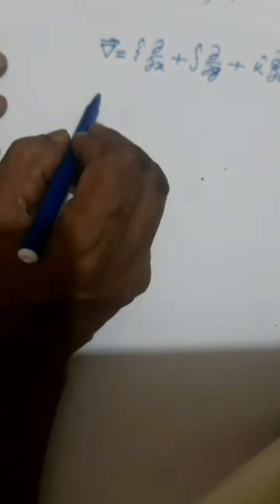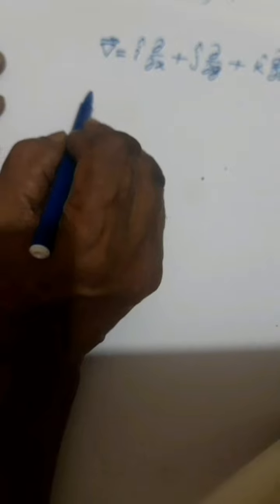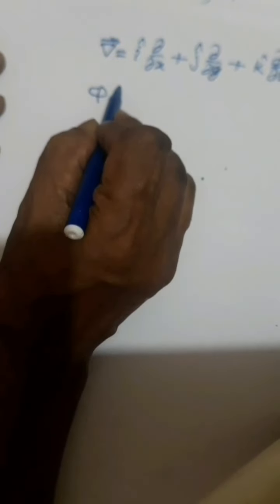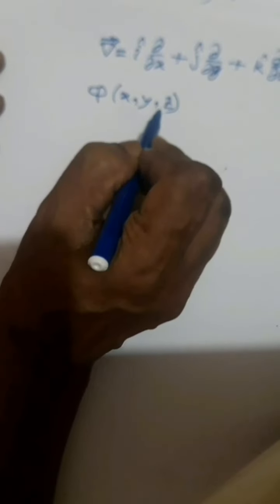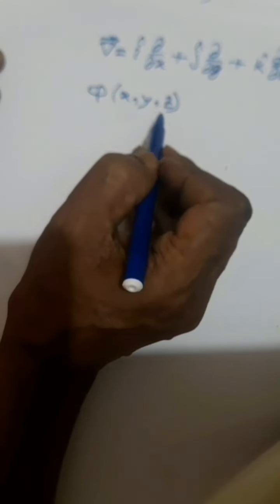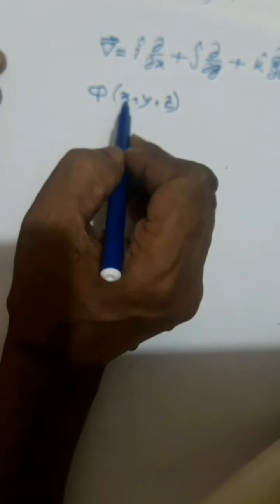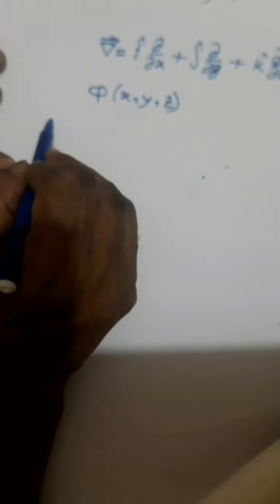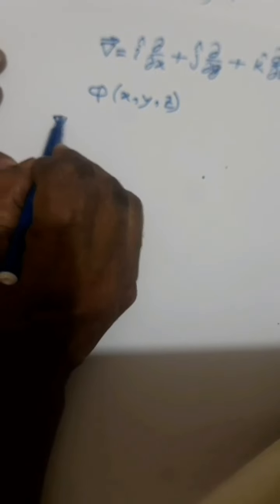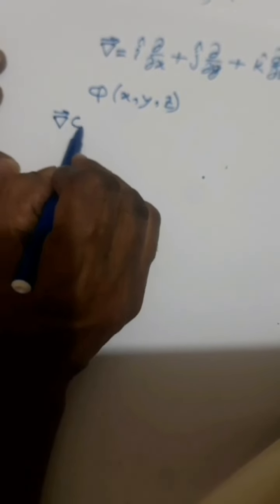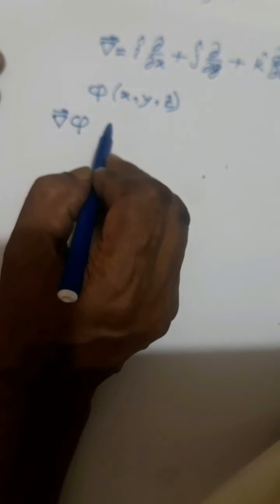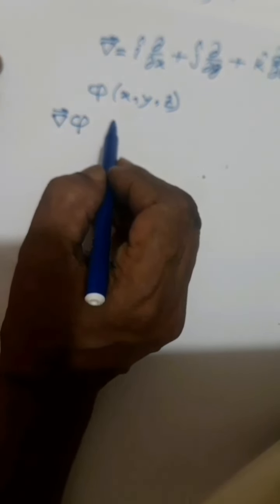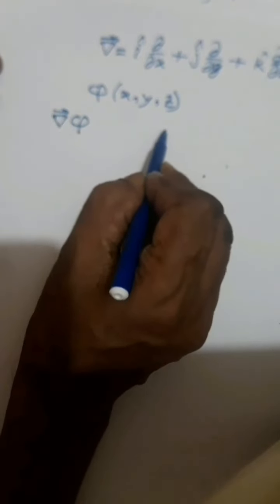If we operate on a scalar function phi, function of x, y, z, by this vector differential operator del, then the result, del phi, is called the gradient of the scalar function phi.